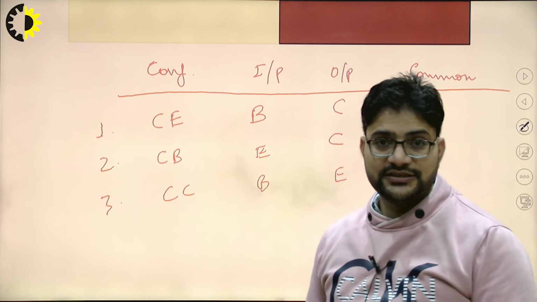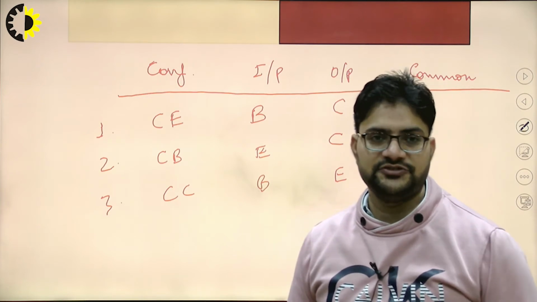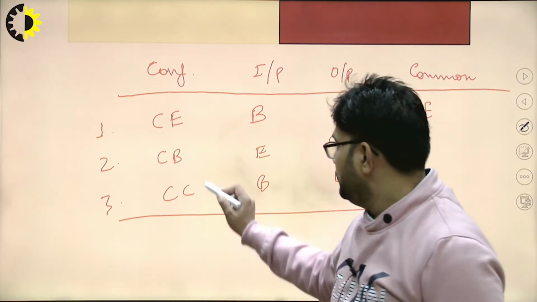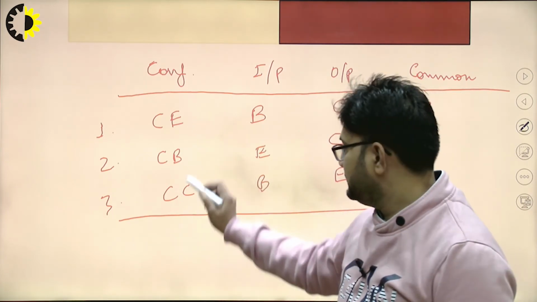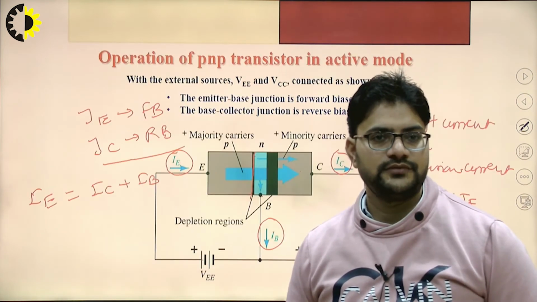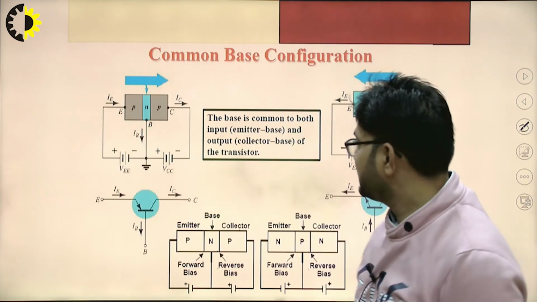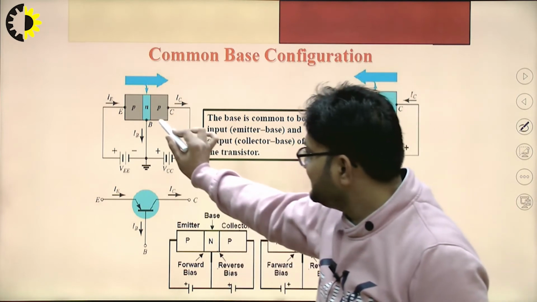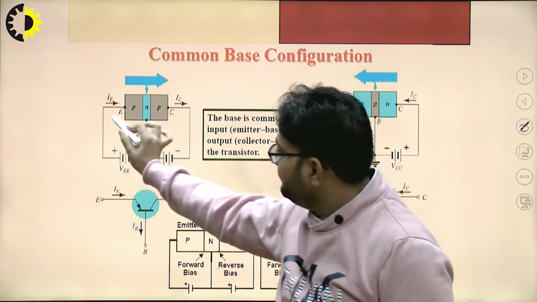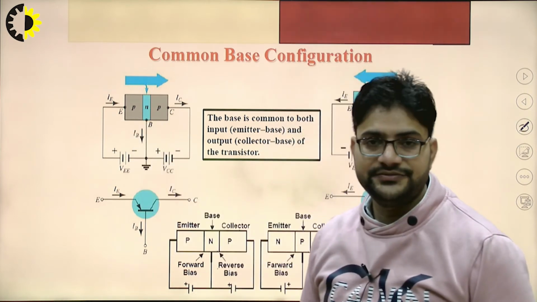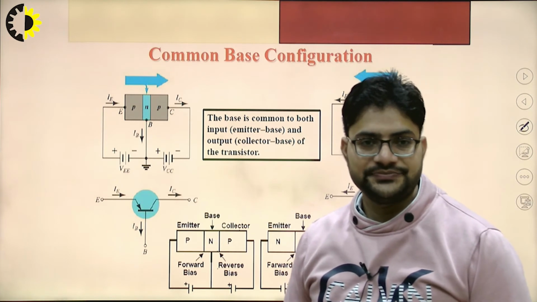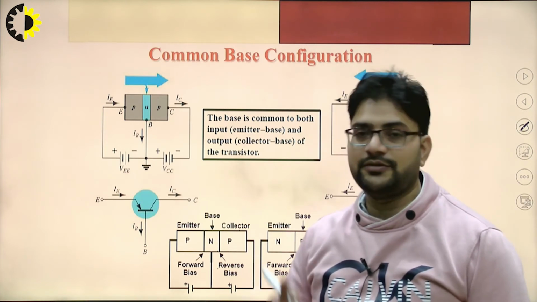So these are the different types of configurations that we use. Now the common base configuration means that the base side is common and input is given at the emitter side.